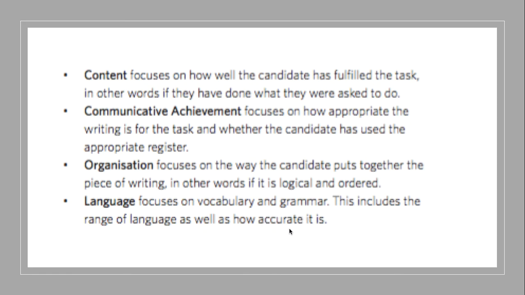Accuracy is important, of course, at this high level of English, and the range, that is, that you're able to use accurately a range of different types of vocabulary. So again, 5 points for each element, and in such a way your writing is assessed.